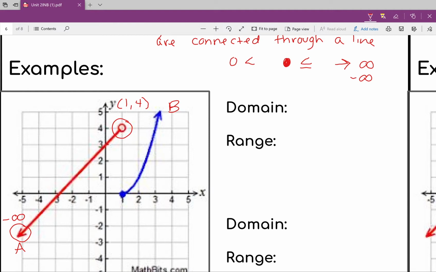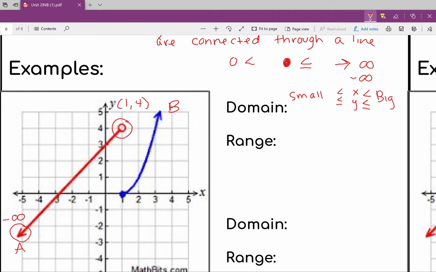For the domain, we're always going to put the smallest number first. Then we choose a symbol, less than or less than or equal to, then X or Y depending on whether it's domain or range, then the other symbol, and then the big number.